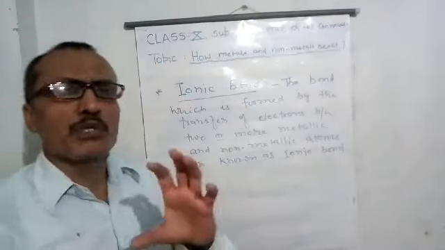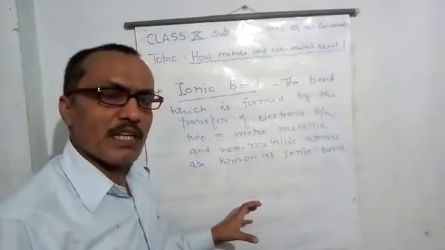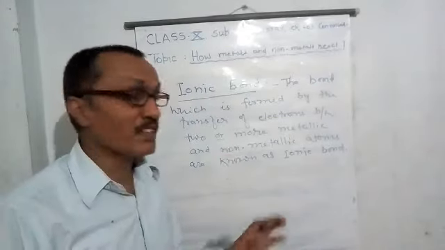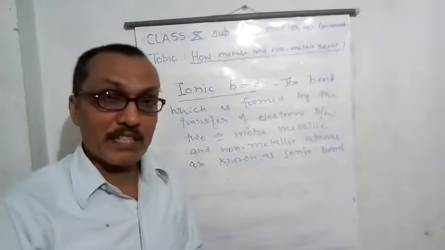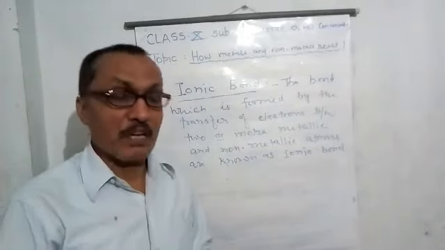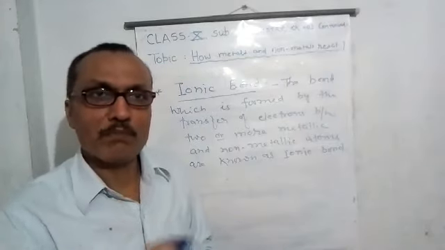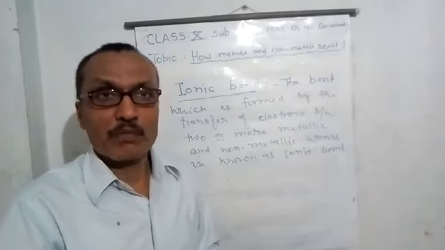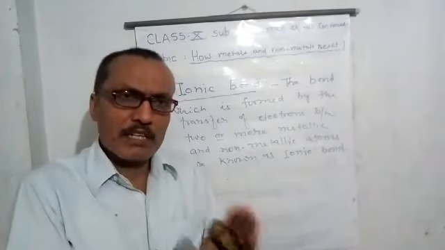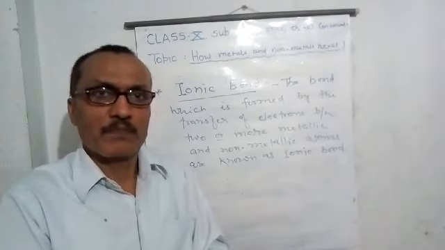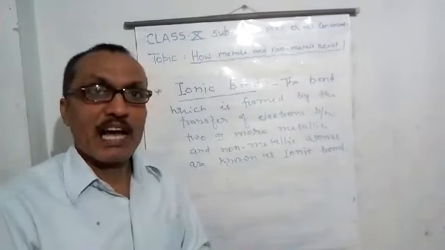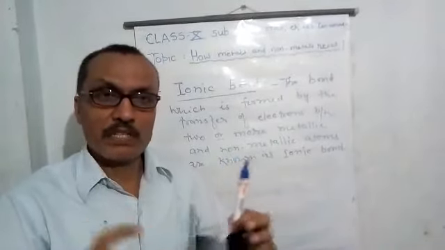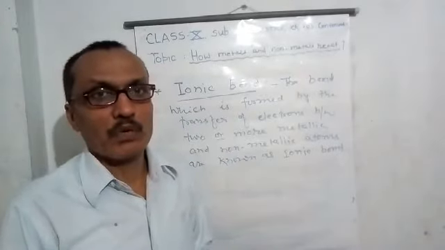Why is this bond said to be ionic bond? Because this bond is formed by loss or gain of electrons. Metallic atoms lose electrons and form positive ions. Non-metallic atoms gain those electrons and form negative ions. So two different types of ions form in this process, and they hold the atoms tightly together in the molecule.